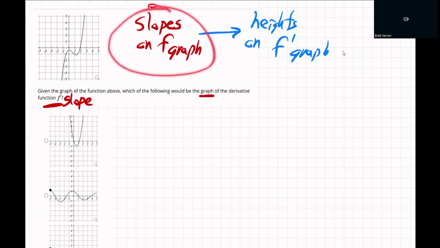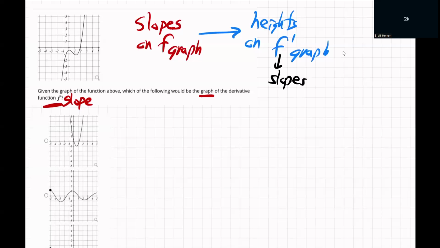Slopes on the f graph become heights on the f prime graph. Why? Because the f prime graph is slopes. That's what f prime means. It means the derivative, the slope, the derivative of f. Okay, so here's f.